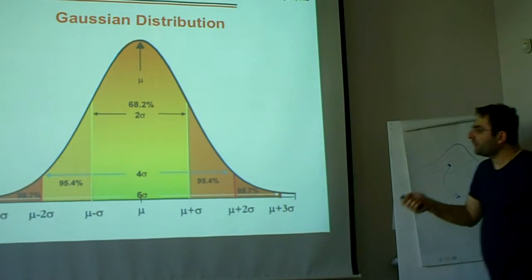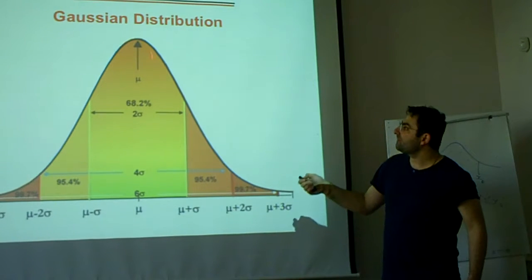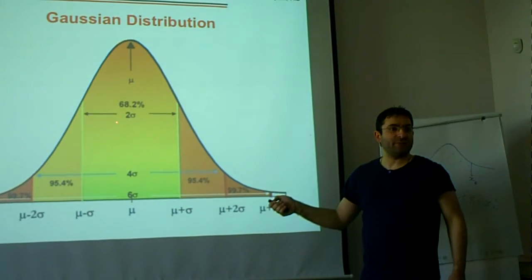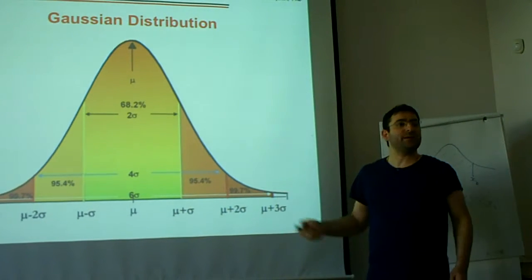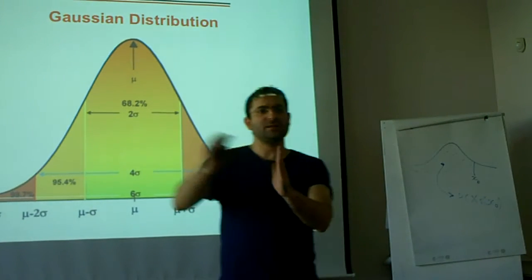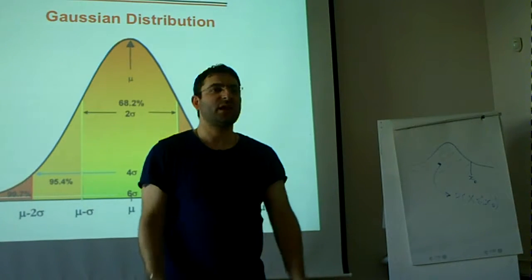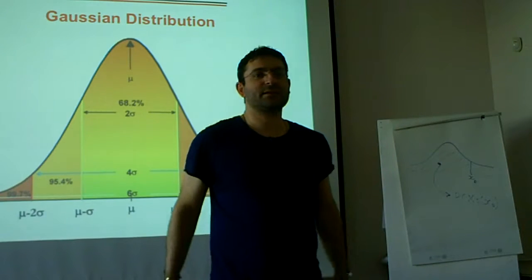Now, a few important things that we have to know. If this line is the mean, plus minus sigma will cover 68% of my data. So if I just go 1 sigma to the right or 1 sigma to the left, it means I have 68% of the probability.